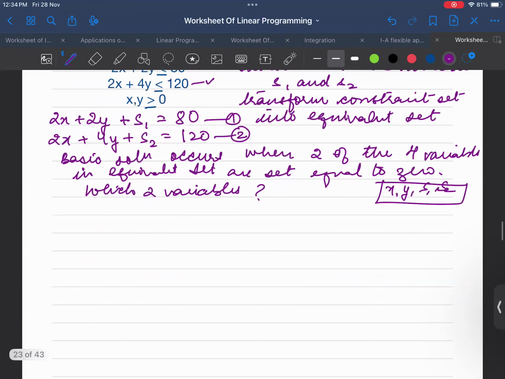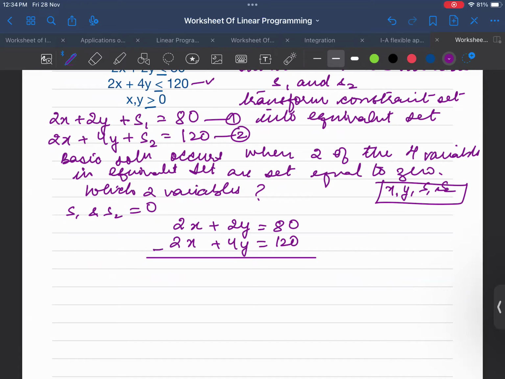Suppose we keep s1 and s2 equal to 0. Let's do it. Then we have the equations 2x plus 2y plus s1 being 0, so it would be 80, and 2x plus 4y with s2 being 0 comes to 120. Now solve these equations.